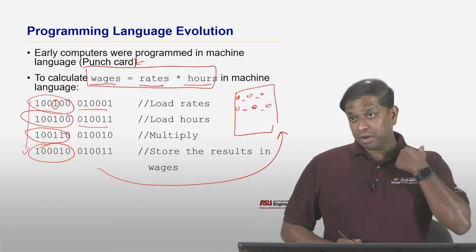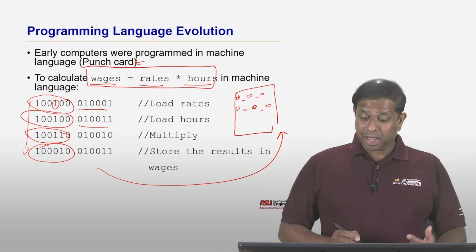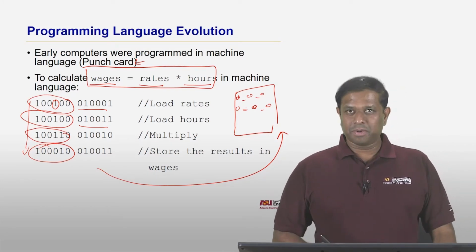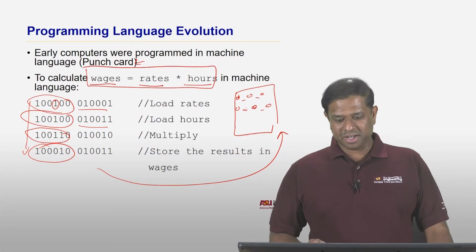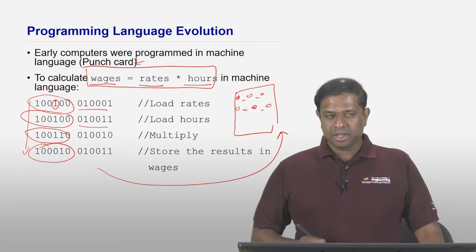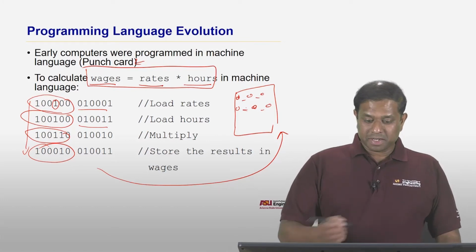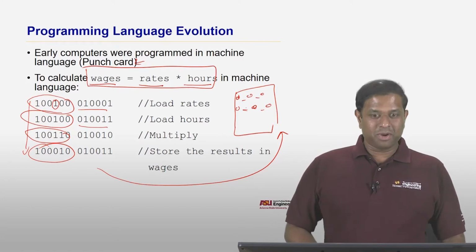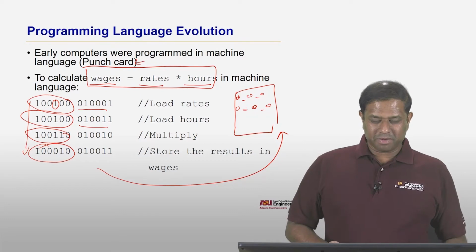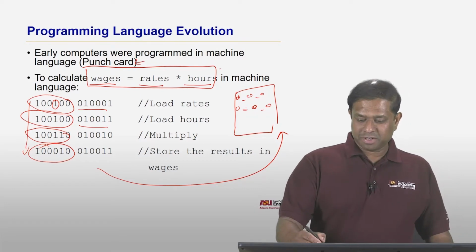Believe it or not, however, earlier people actually used punch cards to program in the 1950s and early 1960s. But we know that that's not going to work with the more complex programs that we have here, with hundreds of thousands of instructions.